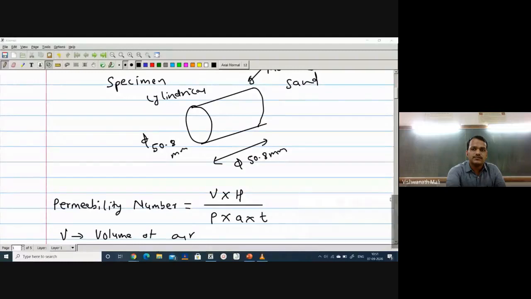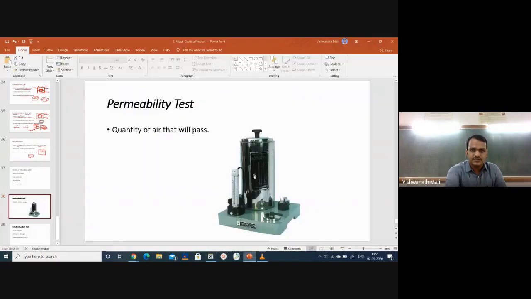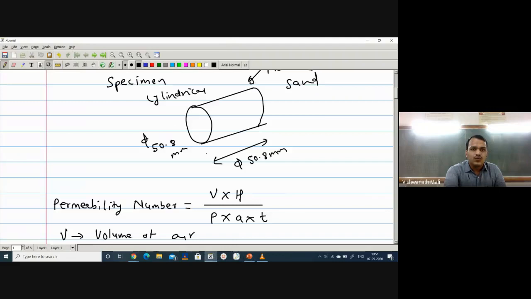We keep this cylindrical sample in this machine, here you can see the machine. And we allow the air to pass through this sample.